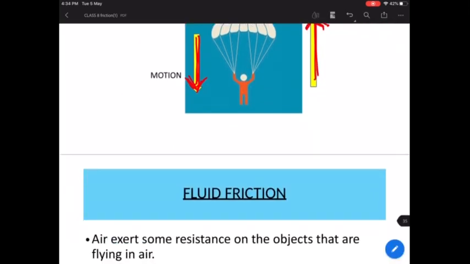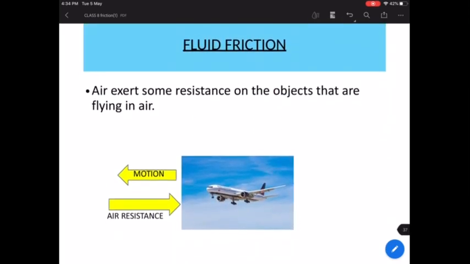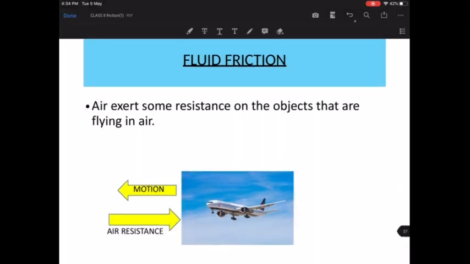Fine. Now, in which all situations do we find air friction playing a role? So suppose the aircraft is flying.